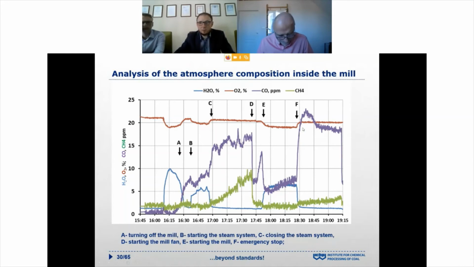And also a very important point is the emergency stop of the mill, and especially at such a moment we observed a significant drop of carbon monoxide. Also, we noticed an increase of combustible gases at the inerting time.